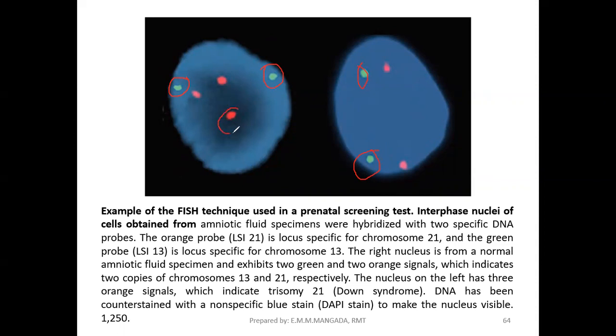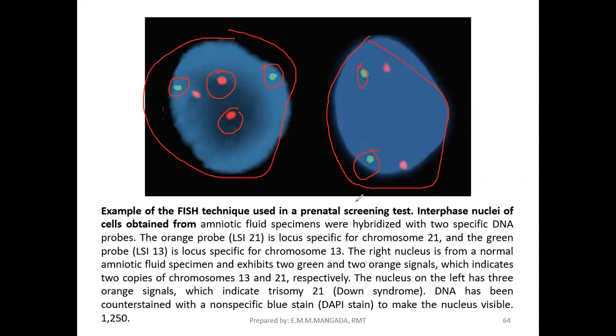Ibig sabihin, to mga orange na to ay chromosome 21. So ano to? These are your fetal cells. These are derived doon sa amniotic fluid ng mga nanay na nabuntis. So yung amniotic fluid nila contains fetal cells, of course the cells coming from the fetus.